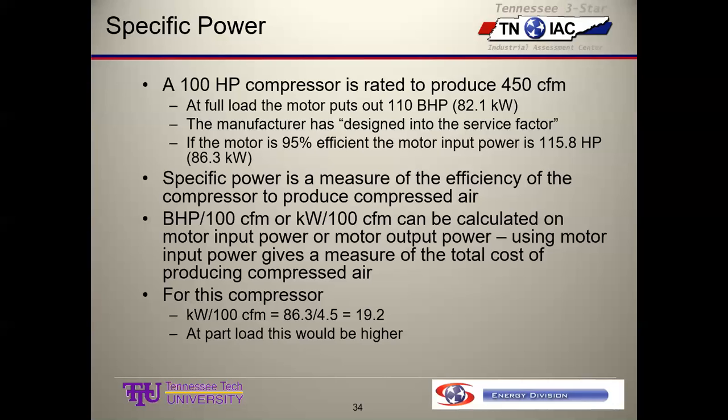At part load, if this compressor was modulated back, as we'll see, this number will go up because we start losing efficiency as we operate at less than 100% capacity.